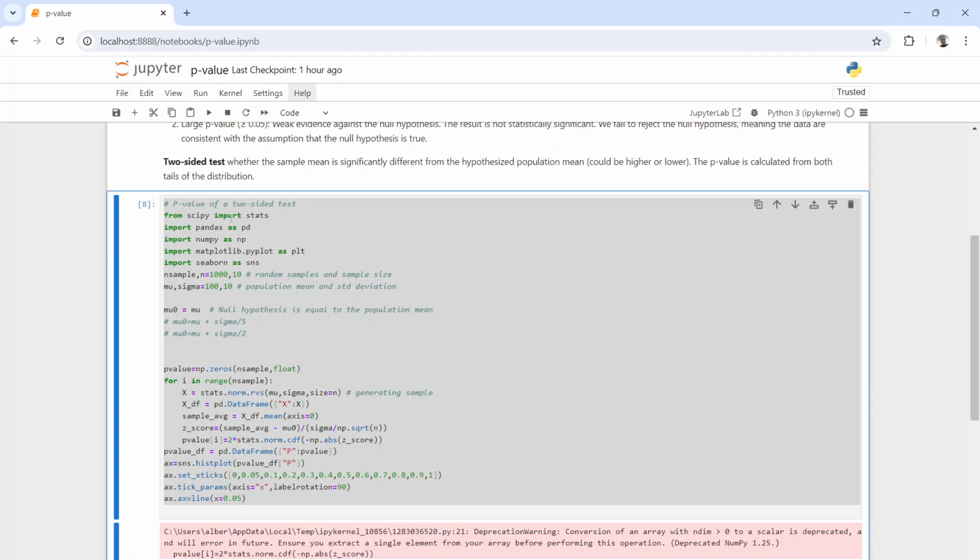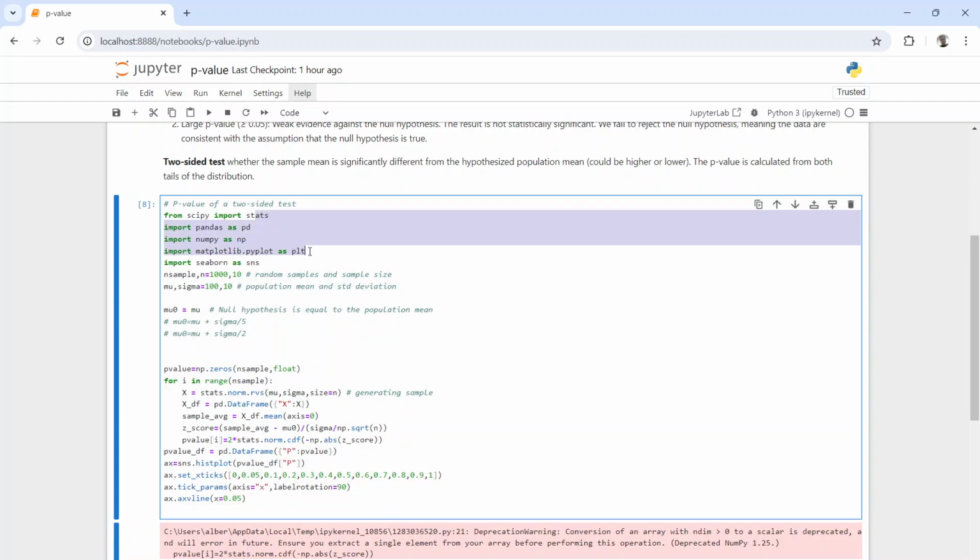So these lines are for importing the libraries. Next, Seaborn is a statistical data visualization library built on top of Matplotlib. The next lines: n_sample is the number of random samples generated for the simulation, in this case 1000.